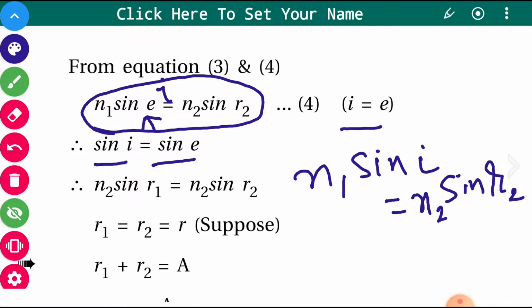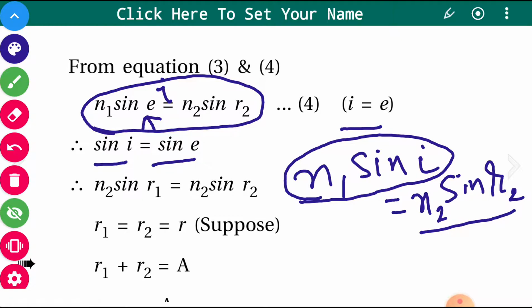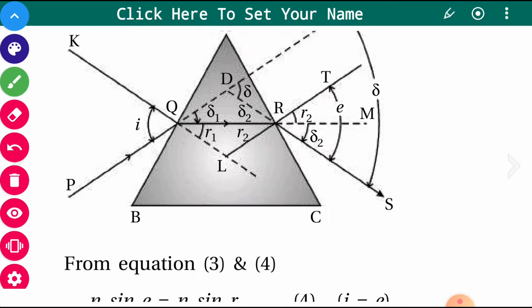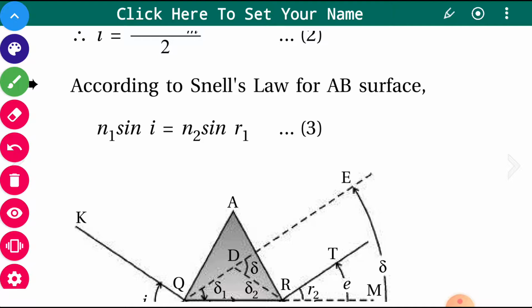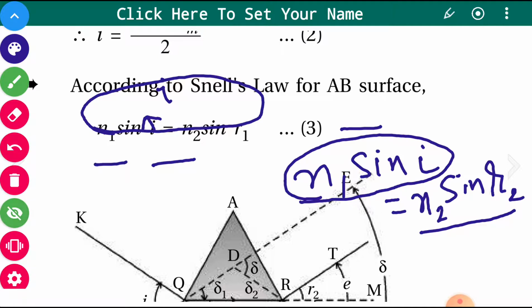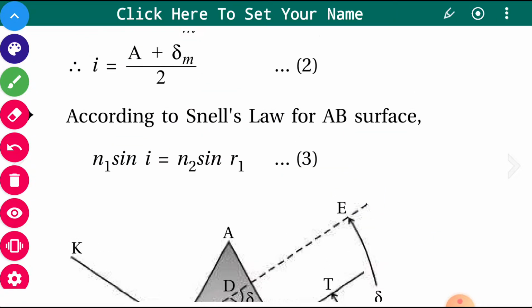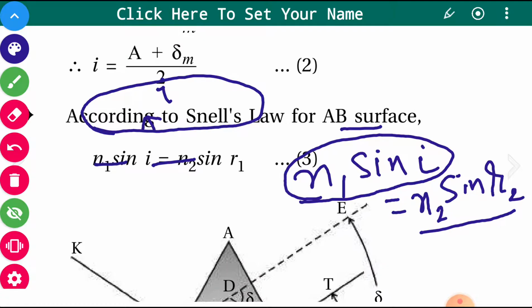You can see n1 sine I is equal to n2 sine R2, and we have also obtained this same equation, n1 sine I is equal to n2 sine R1.